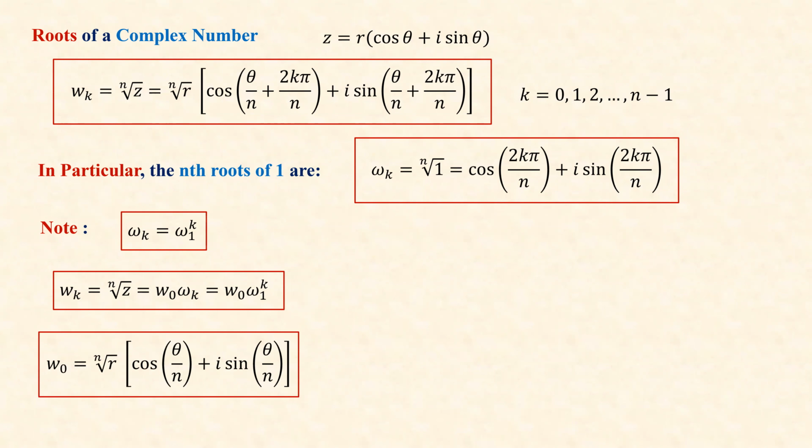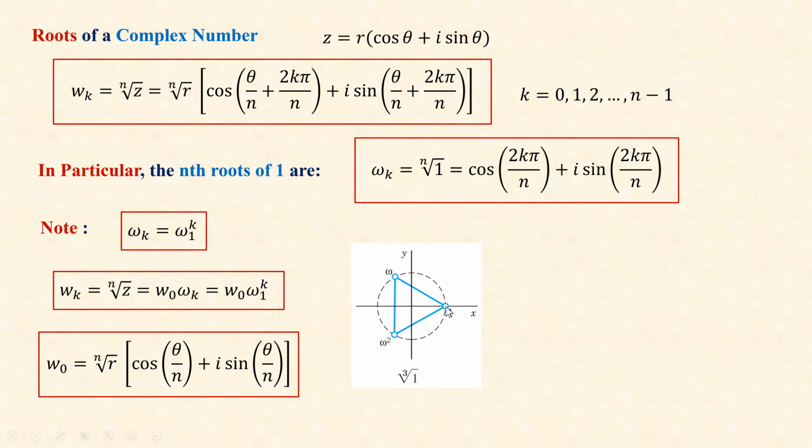And omega naught, as I said, is when k is 0, so it becomes like this. And if you see that here, the nth root of 1, the third root of 1, is one of them is 1, one of them is here, one of them is here, and we call this omega, and this is omega squared, omega cubed.